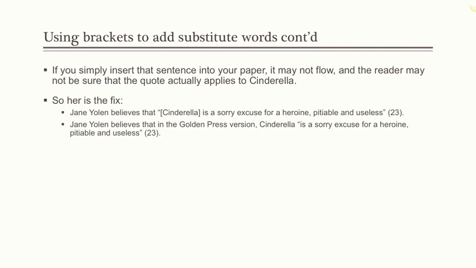If you simply just put she in there, we aren't going to know who she is. So to fix this: Jane Yolen believes that [Cinderella] is a sorry excuse for a heroine, pitiable and useless. Or you could say, Jane Yolen believes that the Golden Press version, Cinderella, is a sorry excuse for a heroine, pitiable and useless.